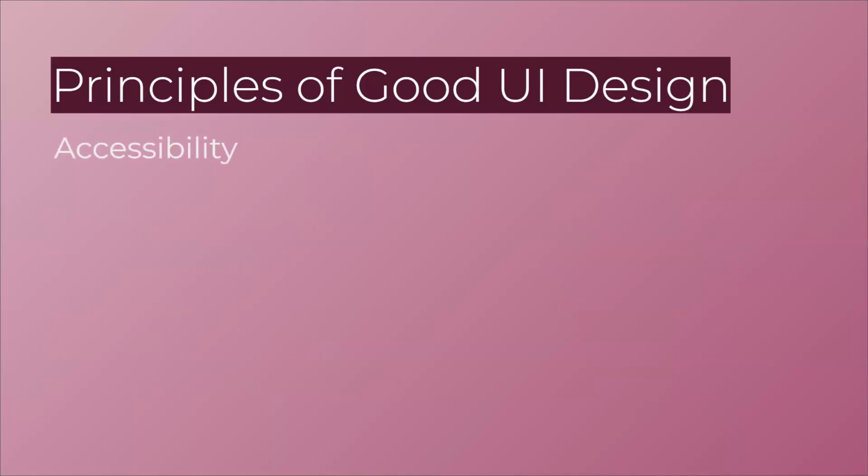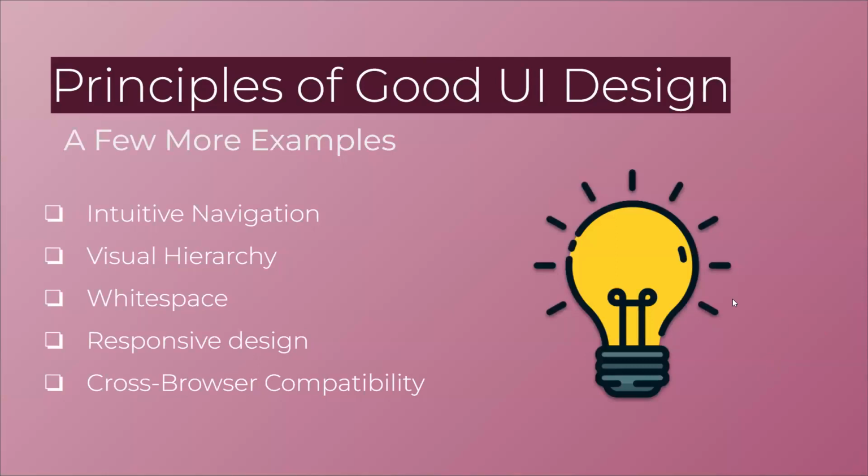There's also the question of accessibility. So this is a very important part of UI design, and it refers to the last one and visual hierarchy for sure. So visual hierarchy has to do with making sure that visual cues like headings, fonts, and colors create a clear visual hierarchy where the important content will stand out.